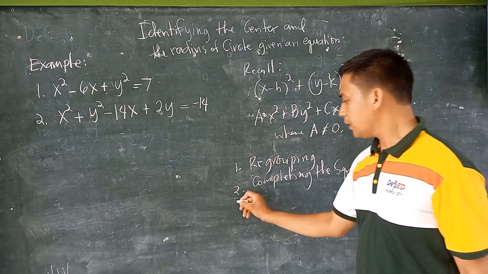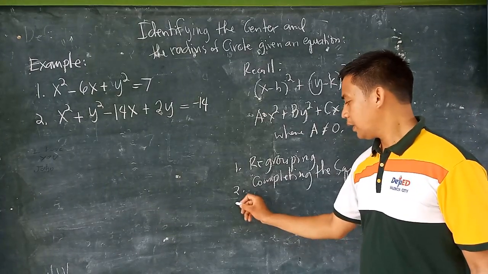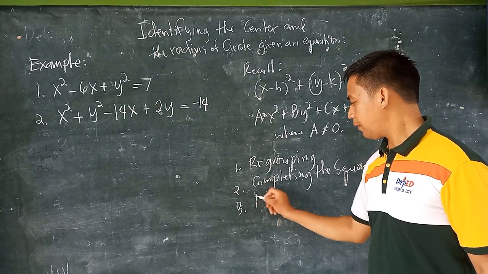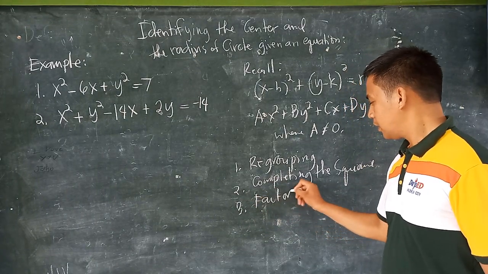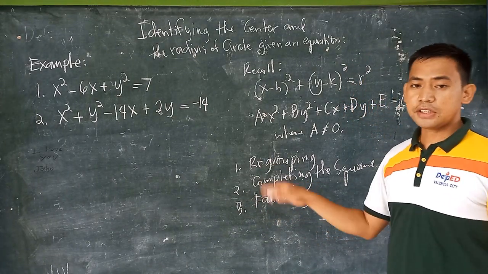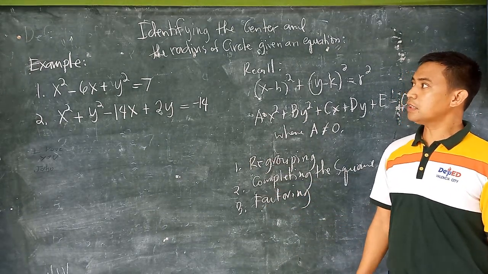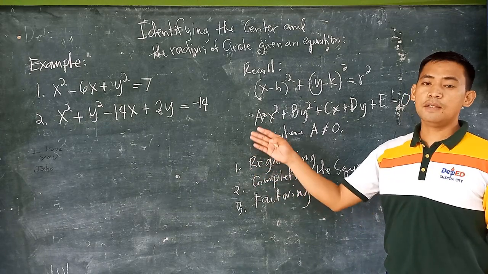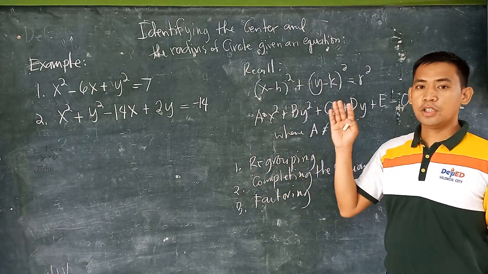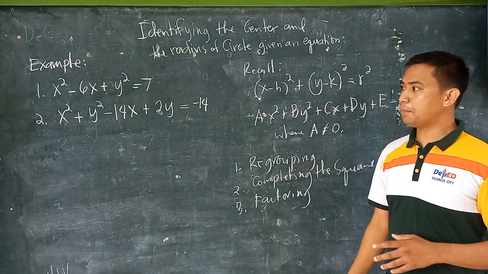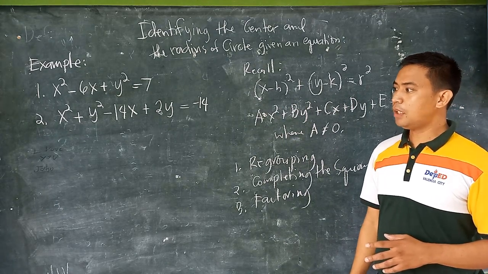And finally, we need the technique on factoring. These three techniques are very essential in finding the center and radius of a circle given an equation. So let's start with our example in number 1.